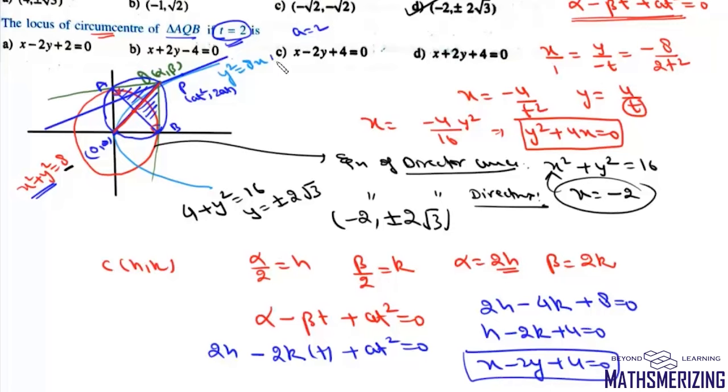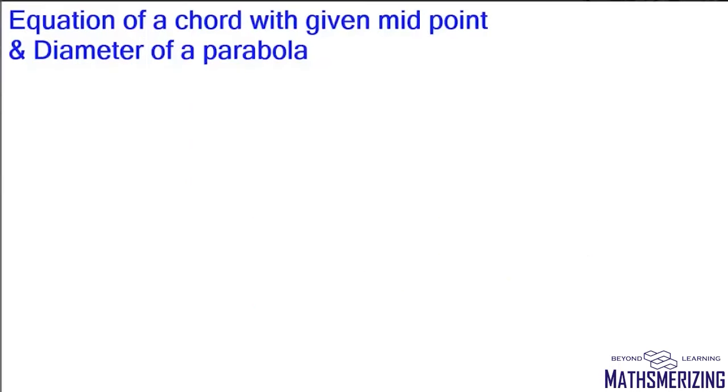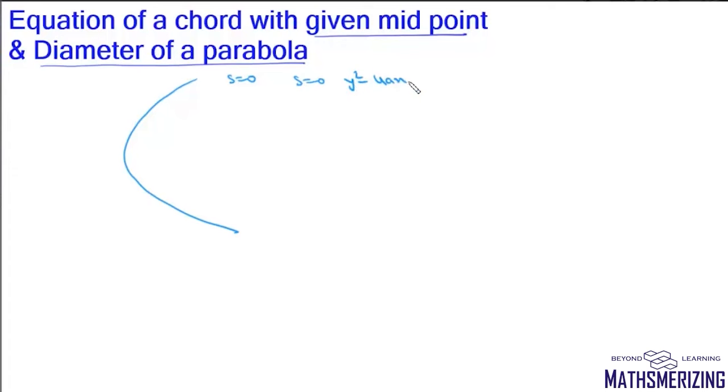your option number C. Now in this video we'll discuss the equation of a chord with given midpoint and the equation of a diameter of a parabola. So suppose we have any parabola which is s equals to 0, and say in this case it is y square minus 4ax equals 0.